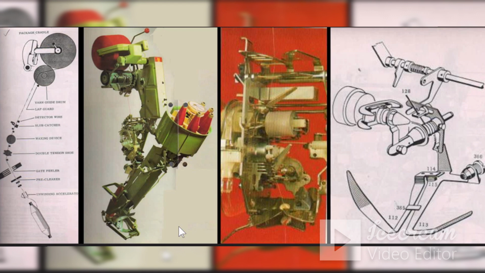So to take care of that, below this guide a scissor is provided. That used to be called a lower yarn scissor in AUTOCONER 107. So here there will be a lower yarn scissor. So whenever the bobbin is to be ejected, that scissor comes into action here.